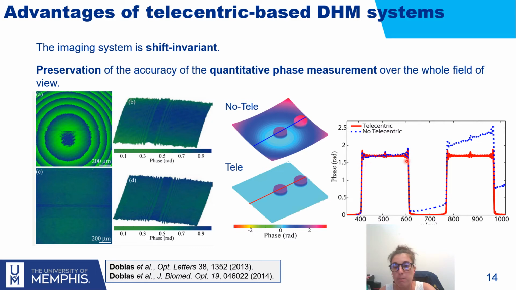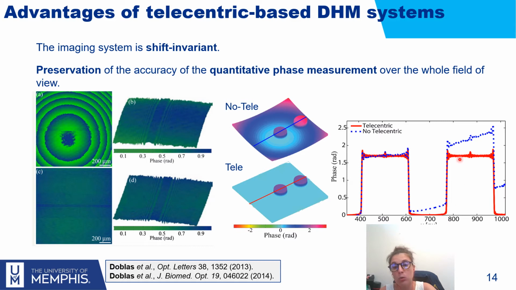When the disc is placed in the middle of the field of view, you can see that there is no significant difference in the quantitative phase values, within the experimental error.